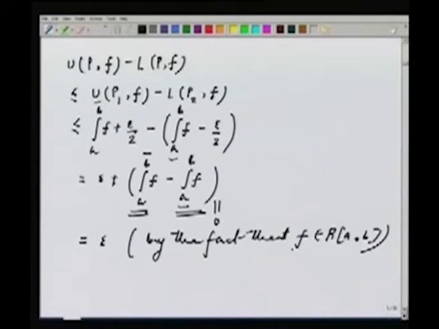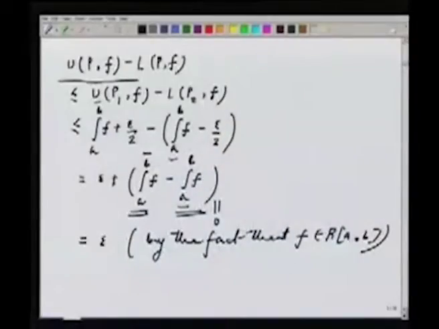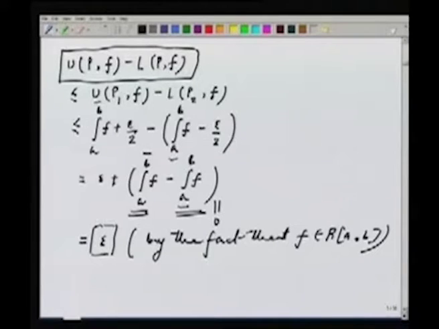But this is what we wanted to prove, because I found a partition P which is actually the refinement of P1 and P2, and that P satisfies that U(P,f) minus L(P,f), this quantity, is less than or equals to epsilon. This is precisely what we wanted to prove.